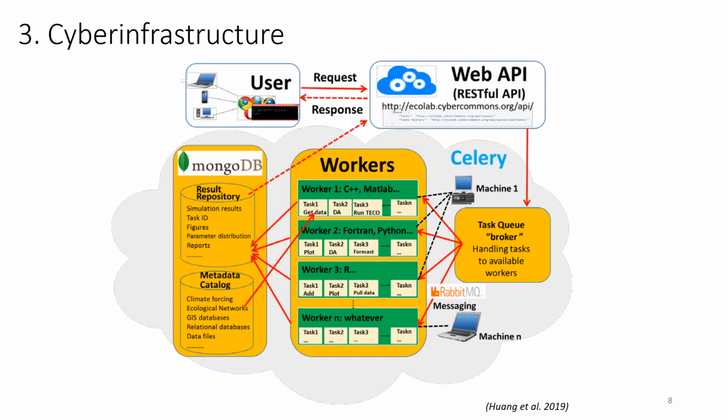The cyber infrastructure includes the web API to deliver data or requests to a wide variety of applications. RabbitMQ software is used to manage messages. MongoDB is used to manage and automatically query or fetch diverse data streams.